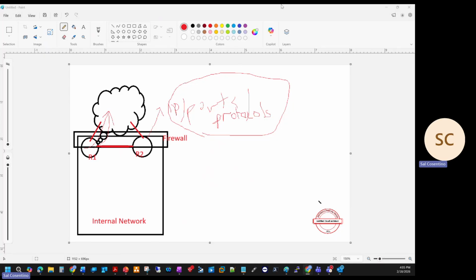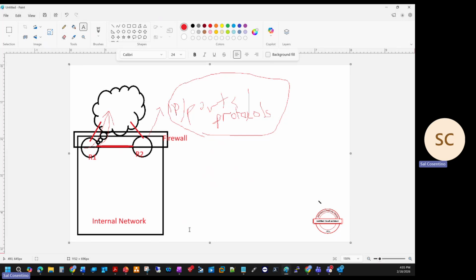So this is all boundary protection. Remember that.